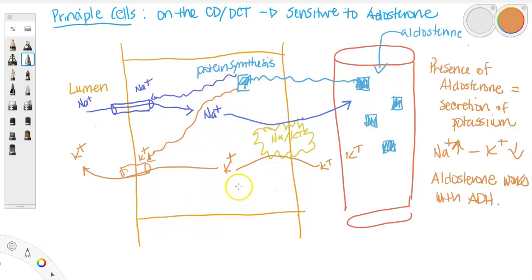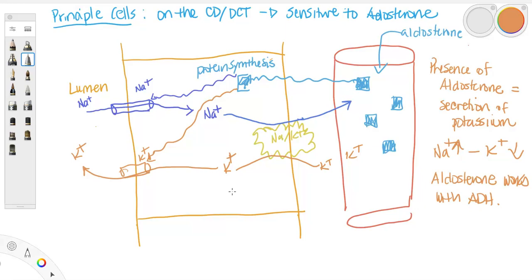Okay, I think that's about it on that. So just understand that now that we've talked about the entire nephron, remember, filtration occurs at the renal corpuscle, just filtration. Everything gets filtered out into the filtrate. That will enter the proximal convoluted tubule, where 70% of reabsorption of all that stuff occurs.